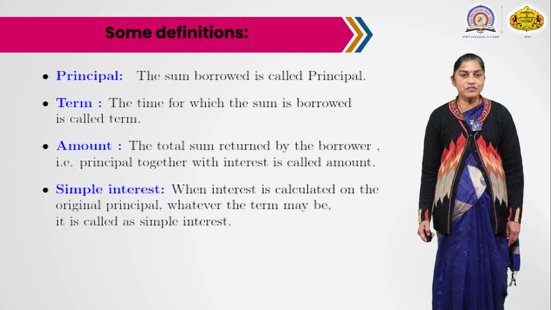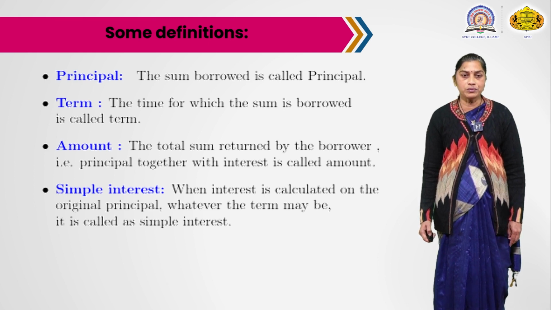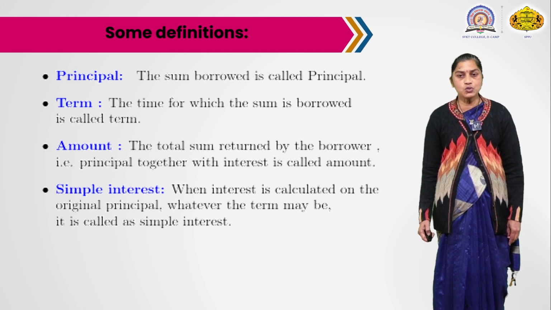Now, see some definitions. What is principal? The sum borrowed is called principal and we are going to denote it by capital P. Term, it is the time for which the sum is borrowed. Amount, denoted by A, it is the total sum returned by the borrower, that is principal together with interest is called amount.